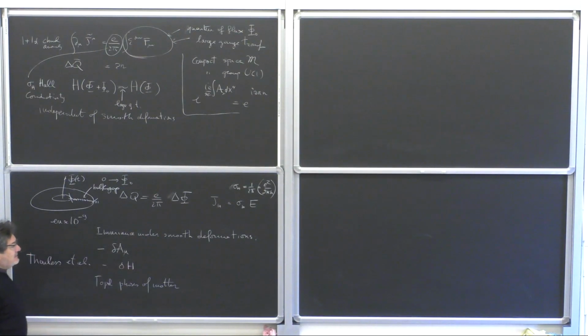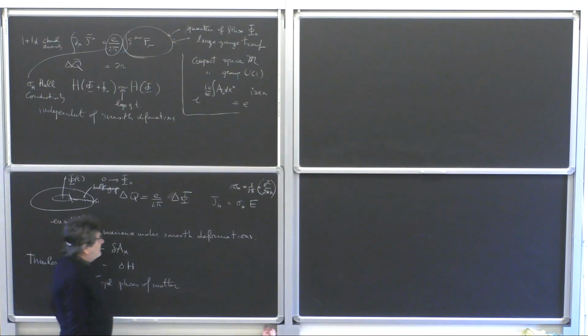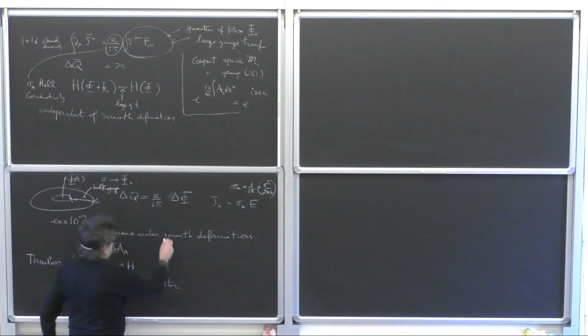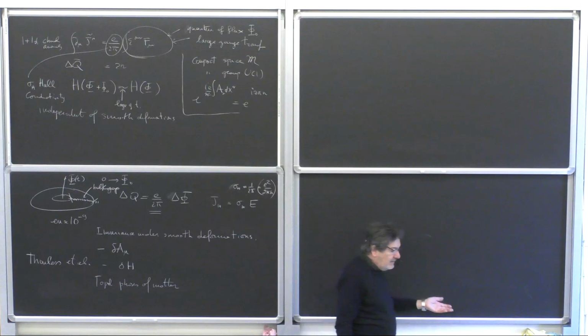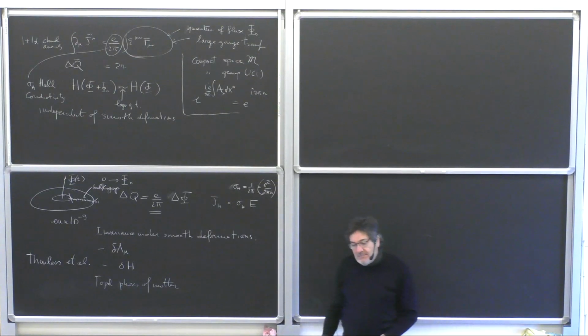So there is both a property with respect to change of the background and also a property with respect to change of the parameters of the Hamiltonian. So the fact that this quantity has a topological origin, you can see both from the argument of anomaly and from the argument on the Berry phase.